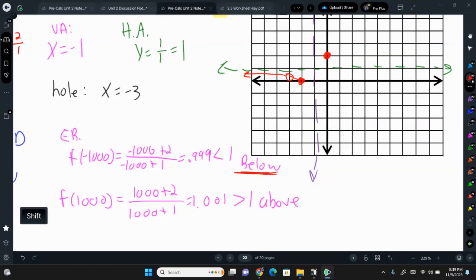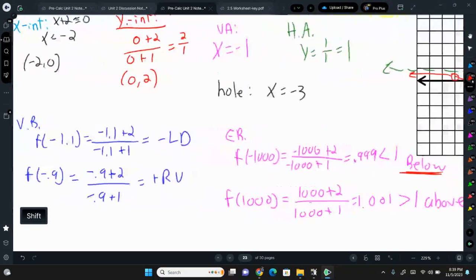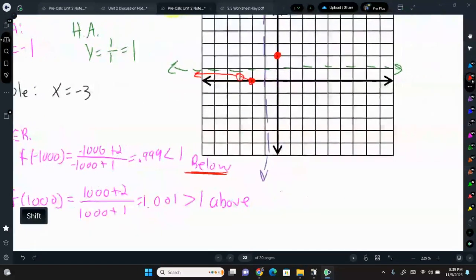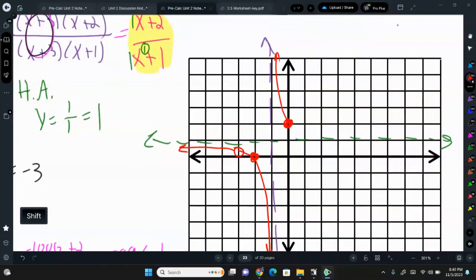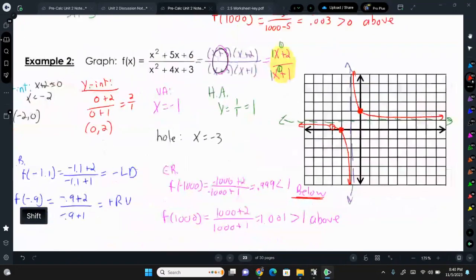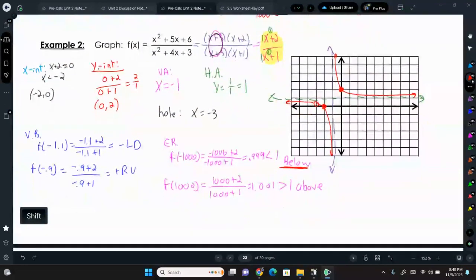Then the left side of our asymptote goes down. So it's going to go down like this. The right side up, and then our right end behavior is above the asymptote. So that's how our graph would look with the hole divided out.